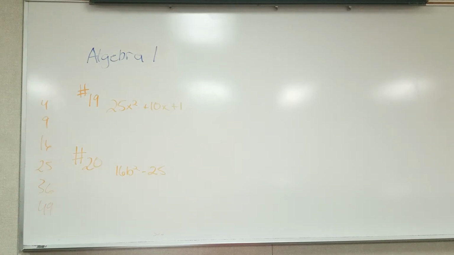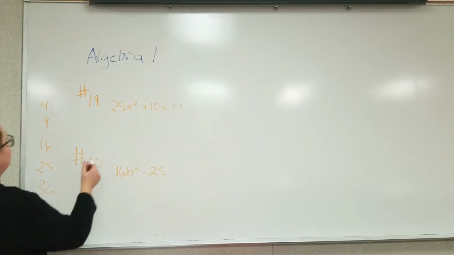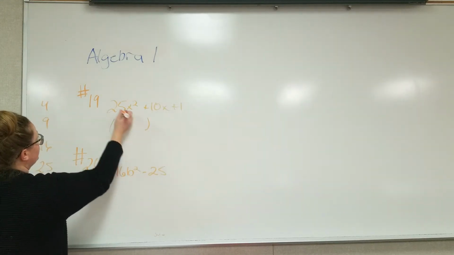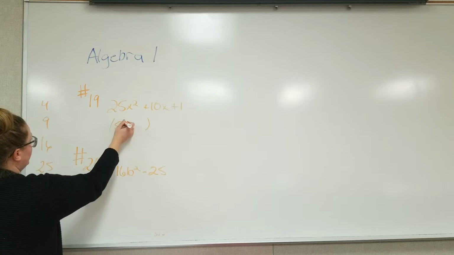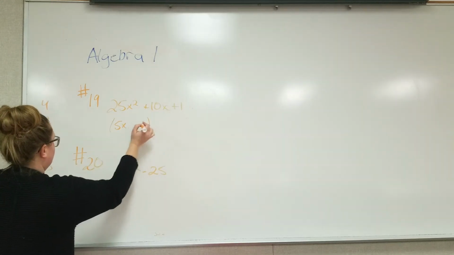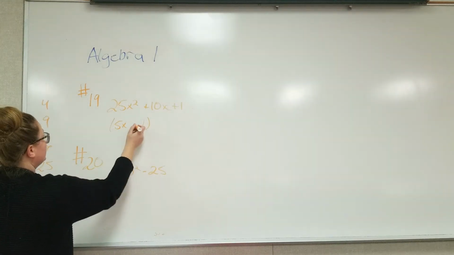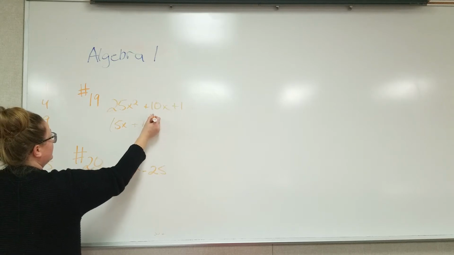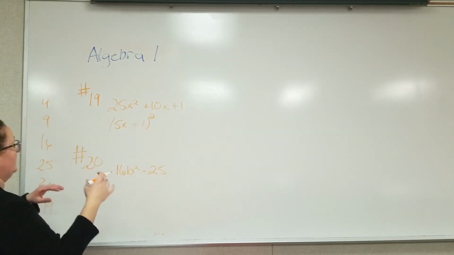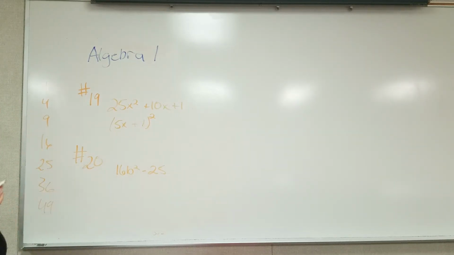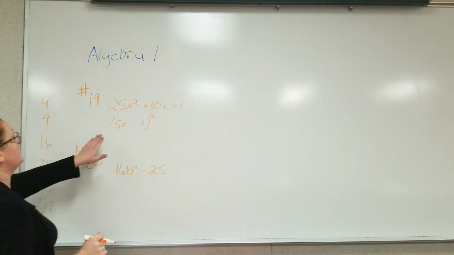All right, so yes, these are perfect square numbers. They both have a square root. So when that happens, you can just take the square root of this one and put it here, and the square root of that one and put it there. And then if it's plus plus, it's just going to have a plus, and it's twice. Instead of writing it 5x plus 1 and 5x plus 1, we just say it's 5x plus 1 squared.